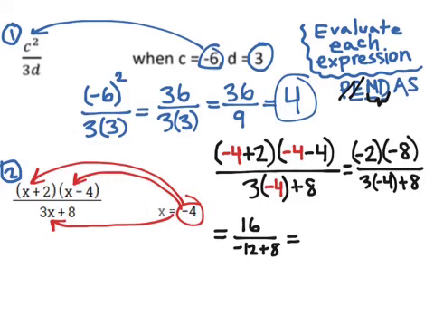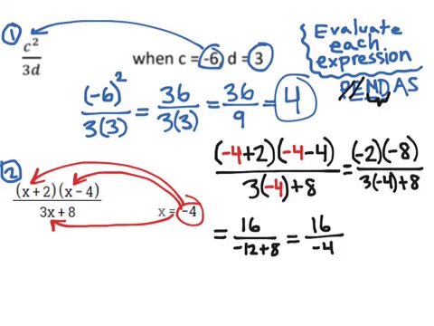And now we do have division, but we need to simplify. We simplified the top. We have to simplify the bottom now. So this equals 16 divided by negative 12 plus 8, which is going to bring us to negative 4.